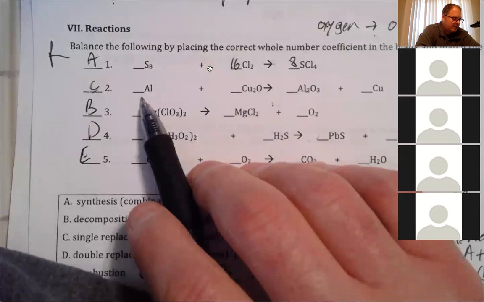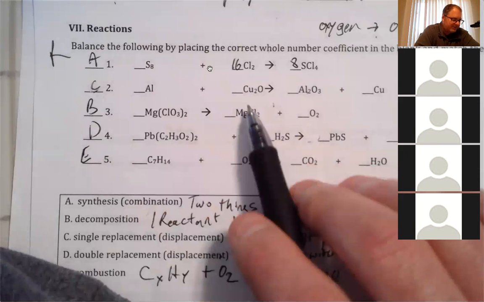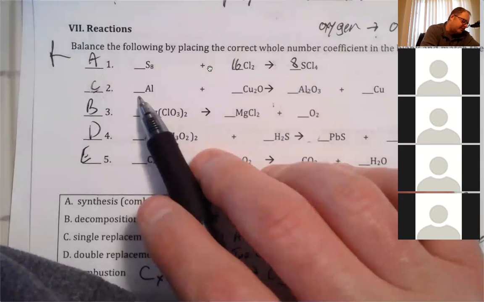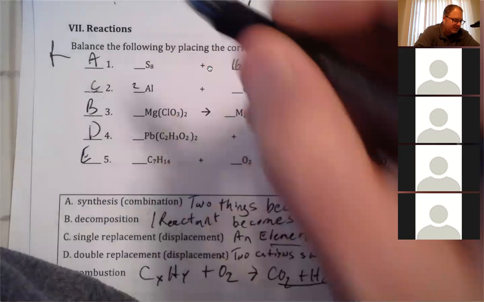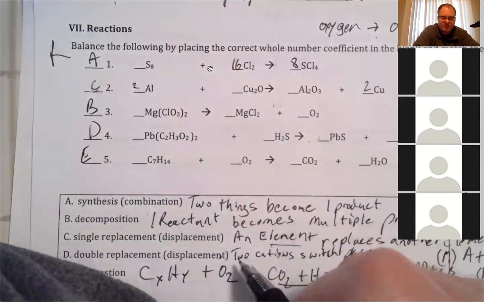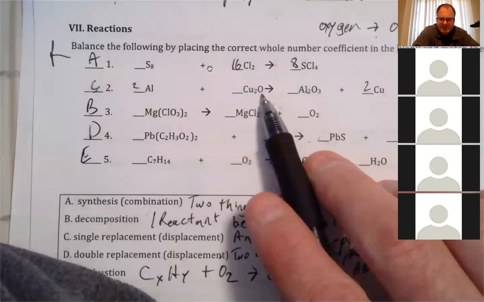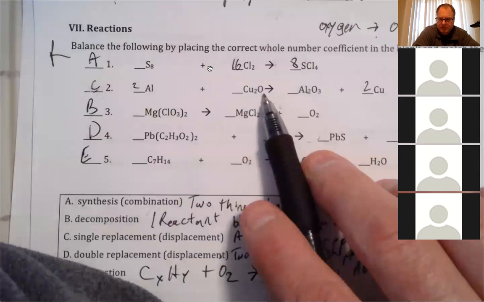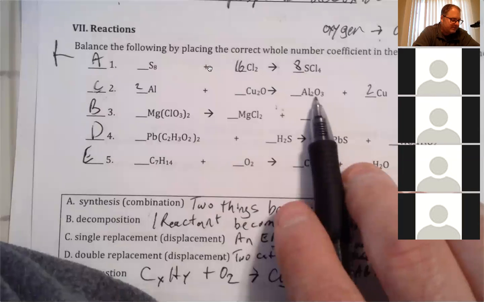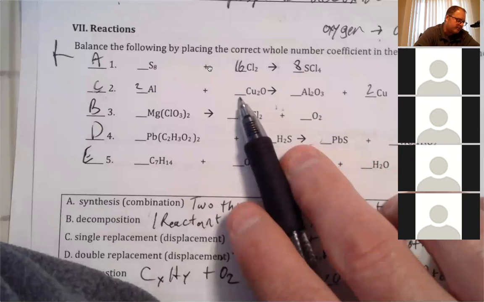Here we have aluminum. Here we have 2 aluminums. So let's go ahead and start by putting a 2 here. Here we have 2 coppers, so we'll go ahead and put a 2 there. Sometimes everything doesn't work out nicely because we always save oxygen for last because it's in most compounds. But here I see I have 3 oxygens, so that means I'm going to have to put a 3 here.